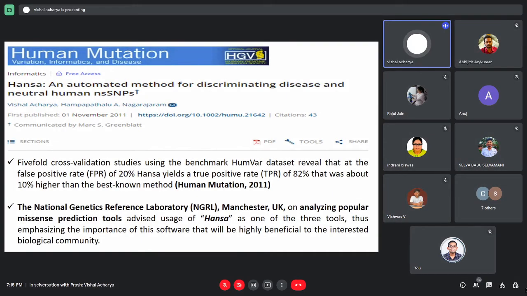That gives immense satisfaction that whatever you have developed gives quality work, so that other groups in the UK or elsewhere will analyze this software for discriminating disease and benign mutations in the human genome. This was an important contribution showing how we can think toward good bioinformatics.